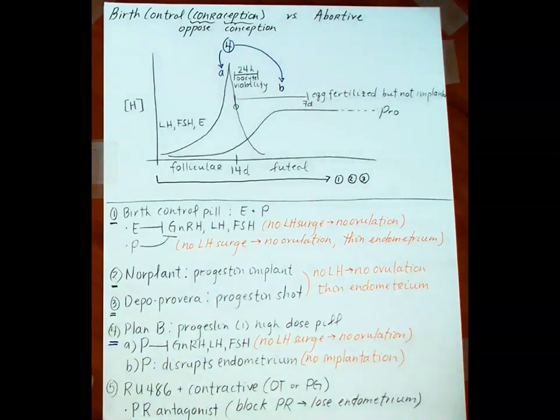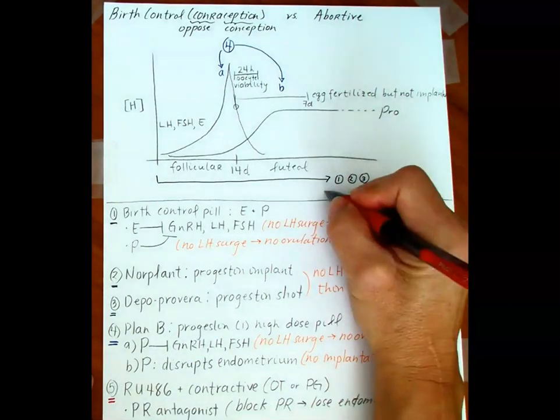And then what will happen is you will shed the uterine lining, thus terminating the pregnancy. So if you do take this chemical, which is an abortive, it would be taken here after implantation has occurred.